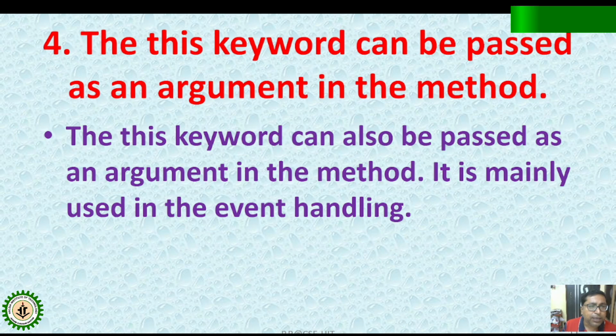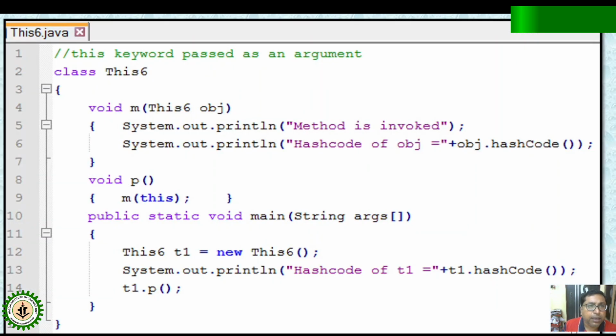And the last one, the fourth point, is that this keyword can be passed as an argument in the method. It is mainly used in event handling. Now look at this example.